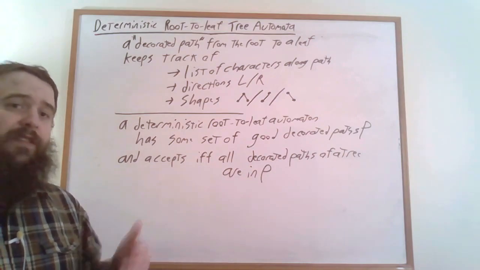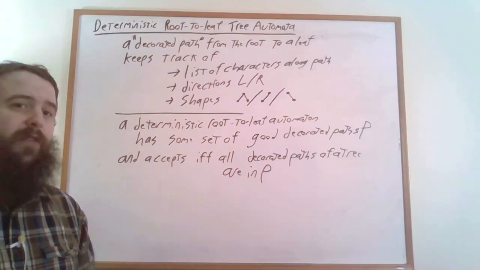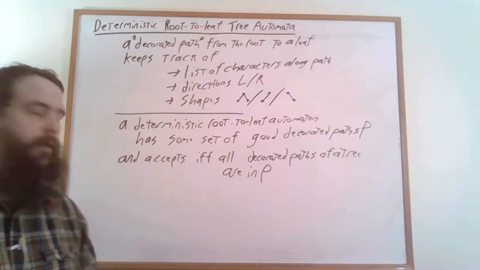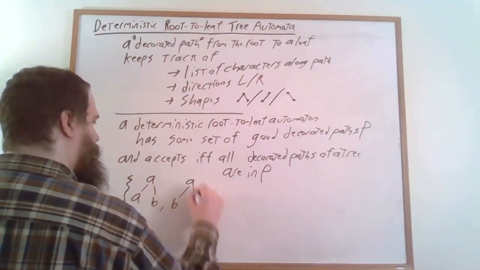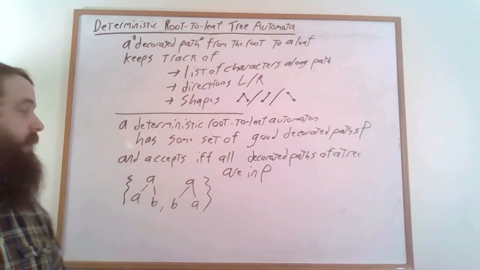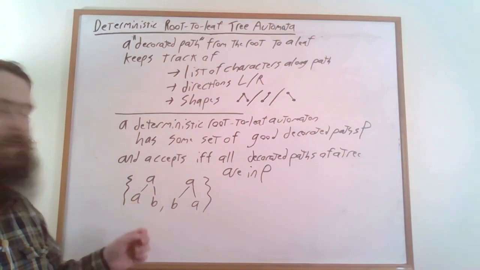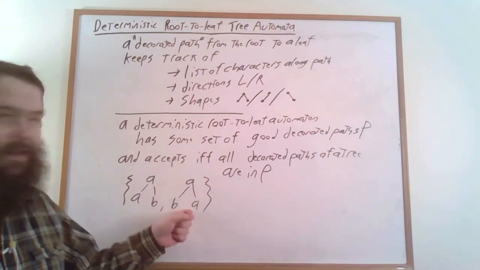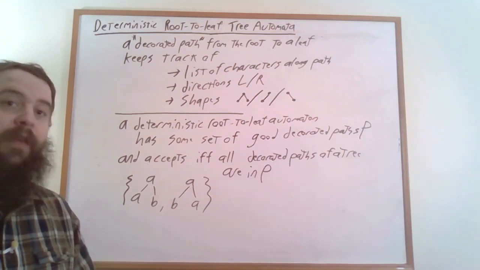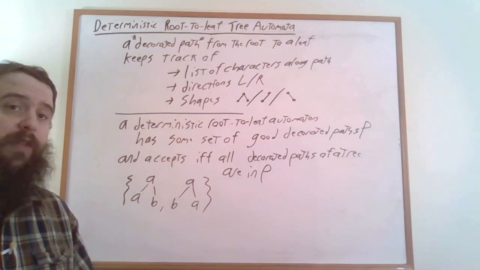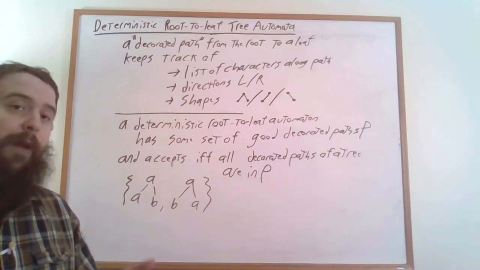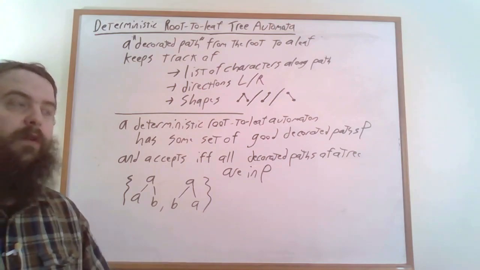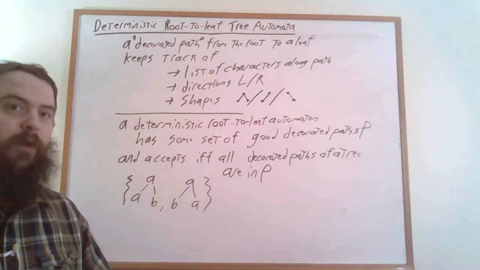And this actually severely limits the sorts of languages we could talk about. Suppose that we wanted to talk about a language that just consisted of two tree words, this tree word and this tree word. This seems like a perfectly reasonable thing to do. When we were talking about regular languages of words, any finite collection of words is a regular language of words.